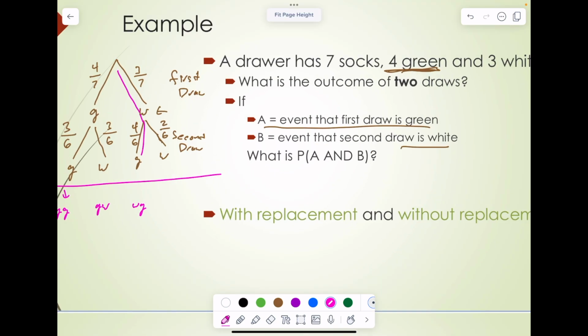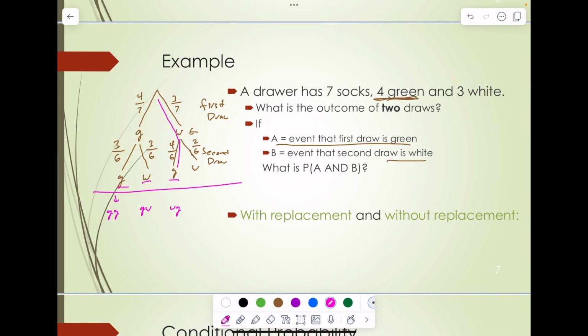So each path to the leaves, these are the leaves, each path to the leaves leads to a potential outcome. And then the last one is white sock, white sock. So the big question here is, what is the probability of A and B occurring?